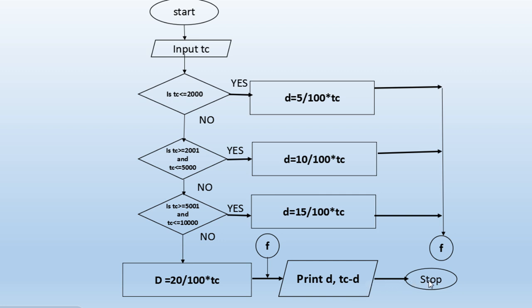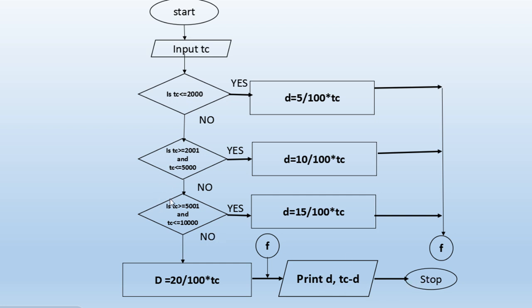And then here you come, if total cost is more than equal to 2001 and total cost is less than equal to 5000, within this range, then you are getting 10% discount. And then again you are connecting to F. F is printing discount and amount to be paid to the shopkeeper, and then stop.